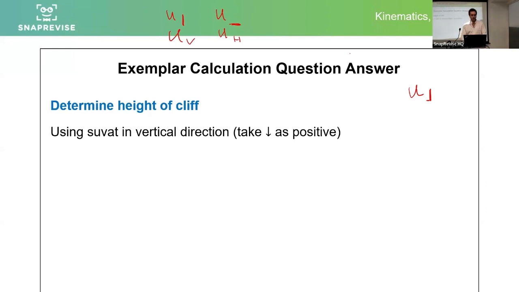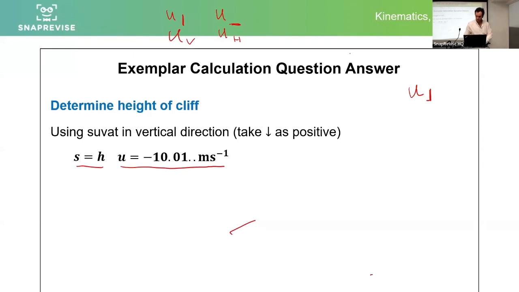Okie dokie. We're going to break with our tradition so far and take downwards as positive. So we're traveling a positive distance of whatever the height is. That's our unknown. U, we know what it is. We've just worked it out. V, we don't necessarily know, but we will be interested later on. We know that it takes 2.7 seconds because that's shared between horizontal and vertical. And acceleration, well, we always know what the acceleration is. It's 9.81.